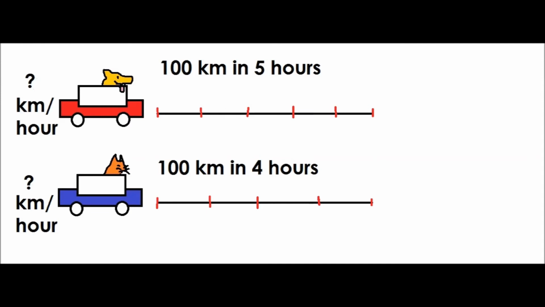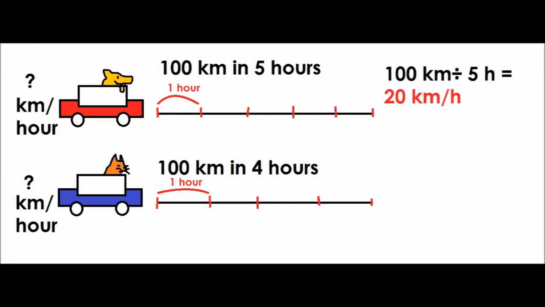For Moon Moon, that 100 kilometers can be divided into 5 parts because each part is 1 hour. The same goes for Cato. 100 kilometers is divided into 4 parts and each part is 1 hour. That 1 hour, the one that is marked, represents the distance that is traveled by each of them in 1 hour.